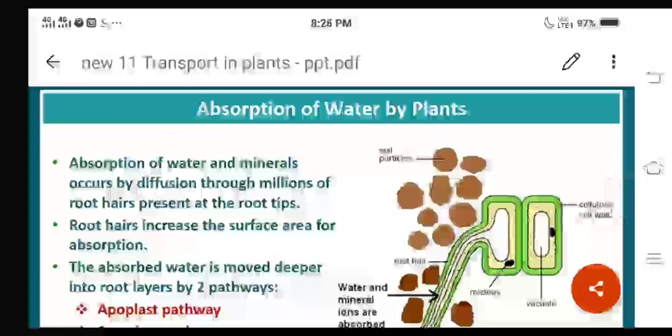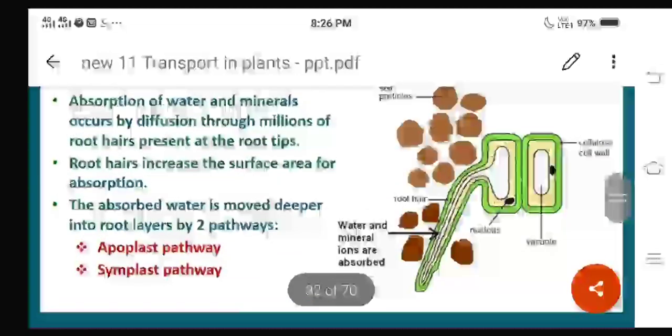It means once water is absorbed by the root hairs, it can move deeper into root layers by two distinct pathways. What are those two distinct pathways? One is called the apoplast and another one is called the symplast.